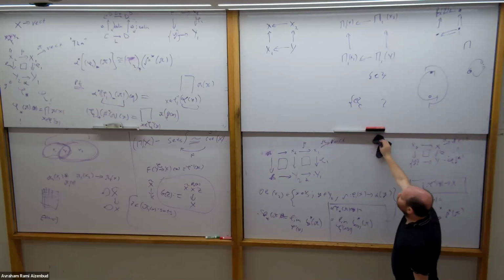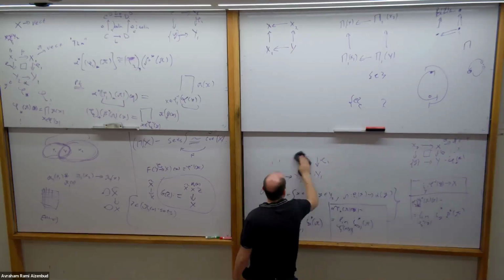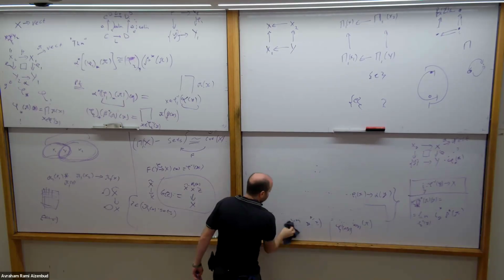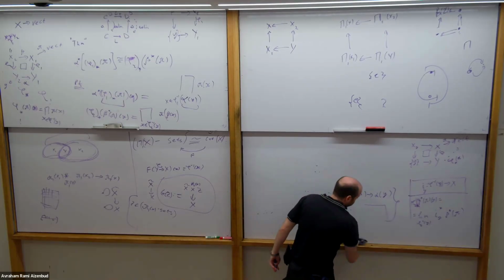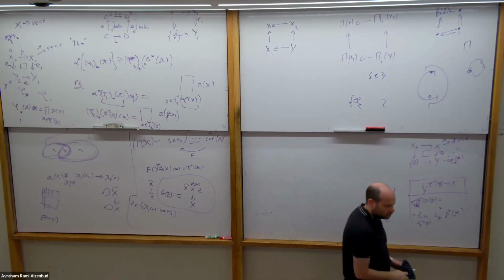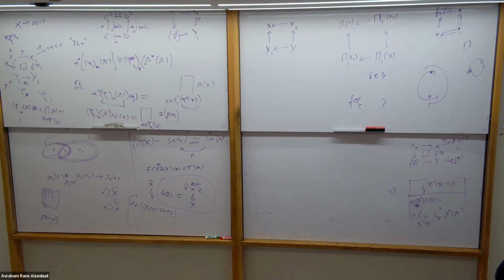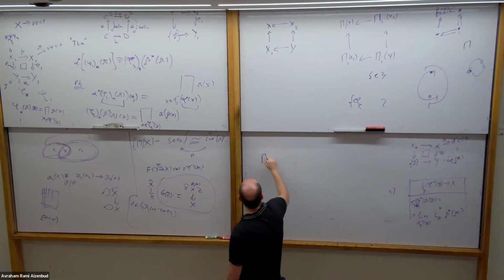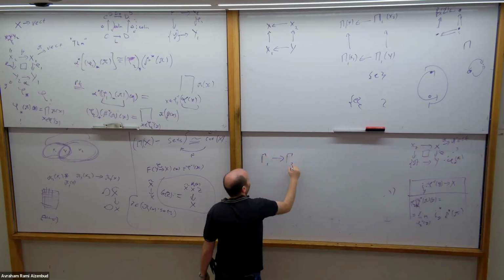So let's start. And the idea is that we're doing here some kind of lemma. So for example, we have two groupoids, gamma 1 and gamma 2, and we have a functor phi between them.